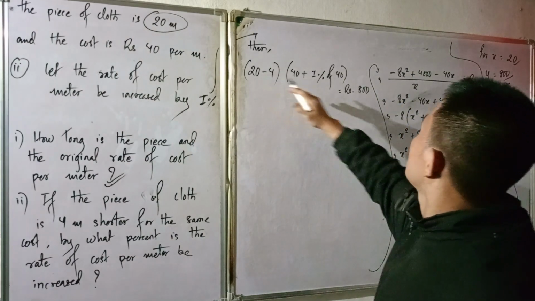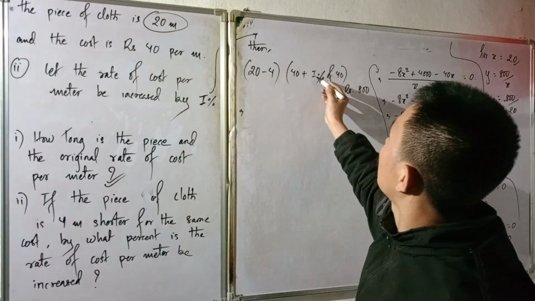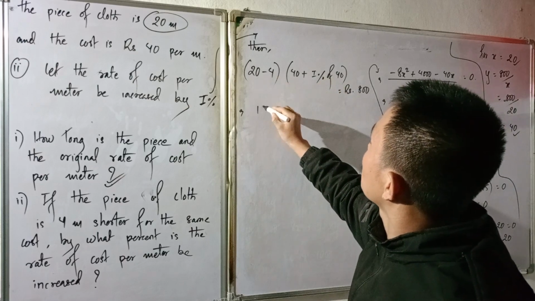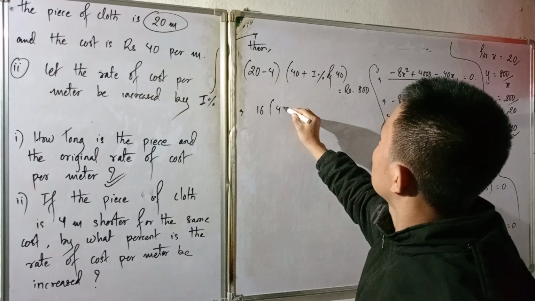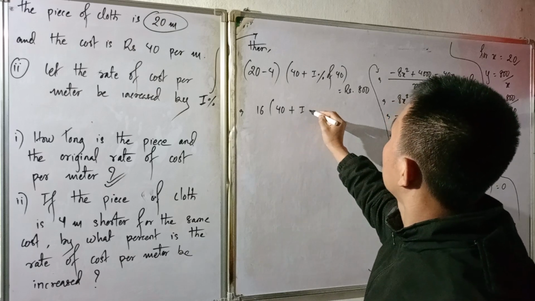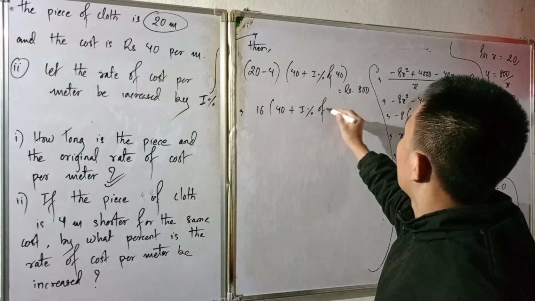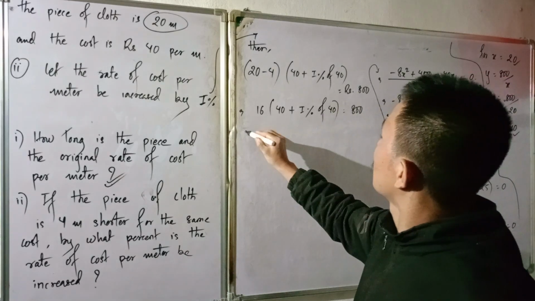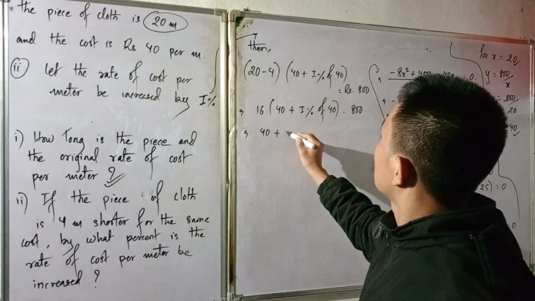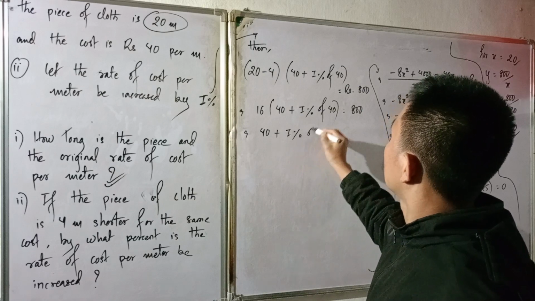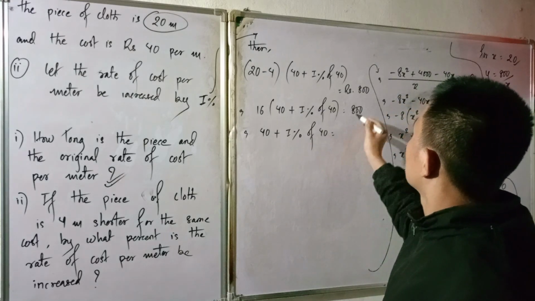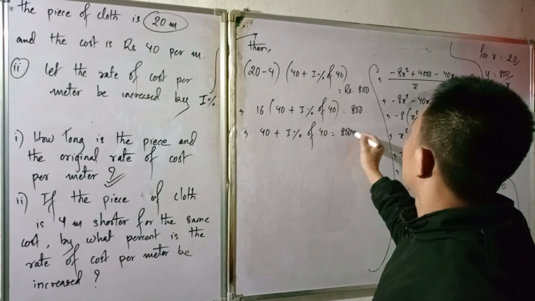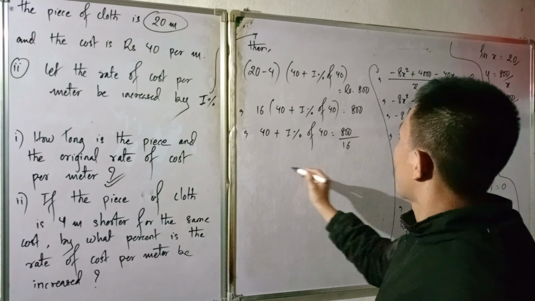Okay, now we simplify this. We have to find the value of I here. So 20 minus 4, 16. This becomes 16 times, 40 plus I% of 40, is equal to 800. So 40 plus I% of 40 is equal to 800 divided by 16.